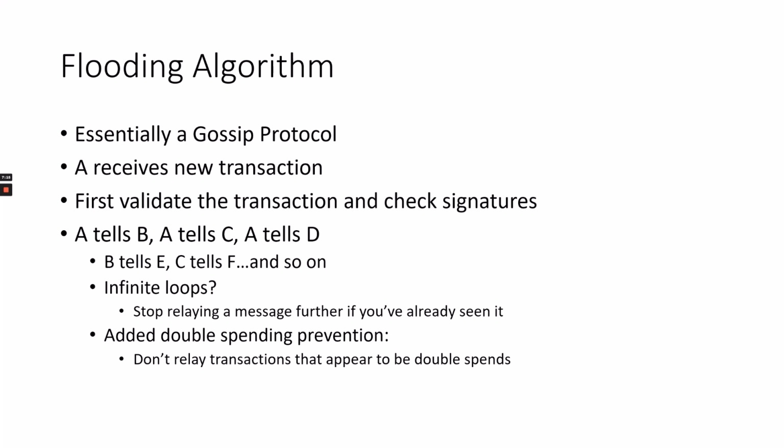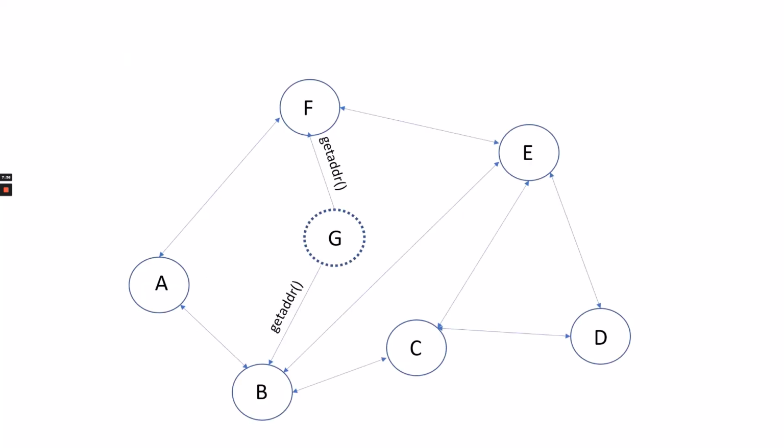Basically, it's a very simple algorithm that isn't particularly efficient, but it's designed to be simple, and it's designed to just work. It's basically like a gossip protocol, in the sense that when you receive a transaction, you tell everyone that you know about the transaction. In very simple terms, if in this network D hears the transaction, D would flood its neighbors with this information.